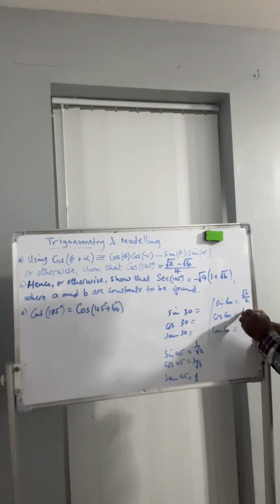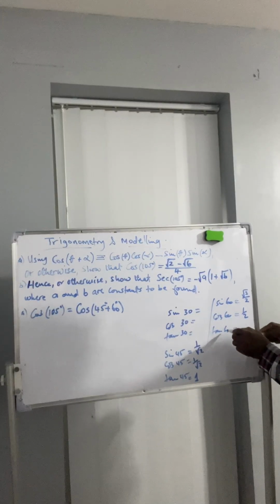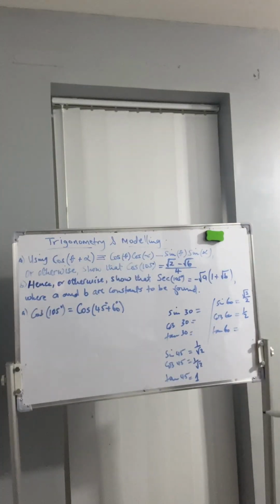And cos 60 is 1/2. We are not using tan there, so let's forget about that. We are using sine 60, which is root 3 over 2, and cos 60, which is 1/2.